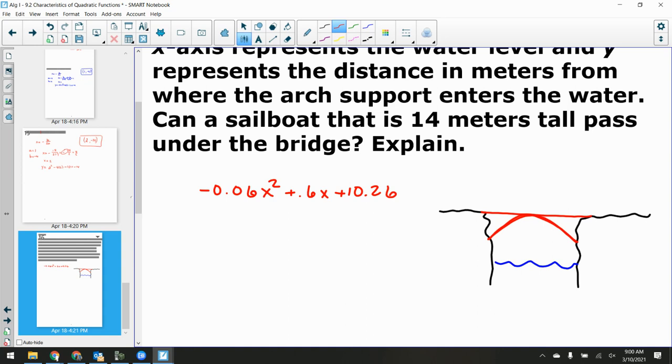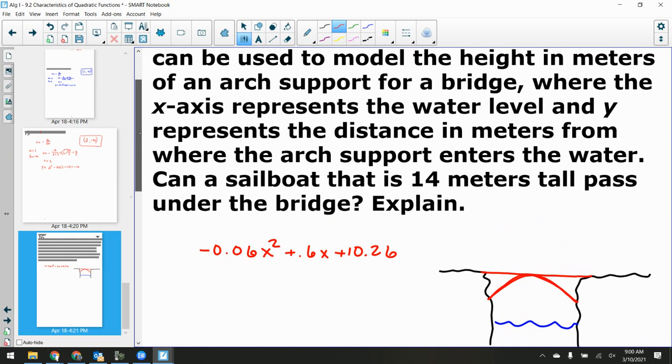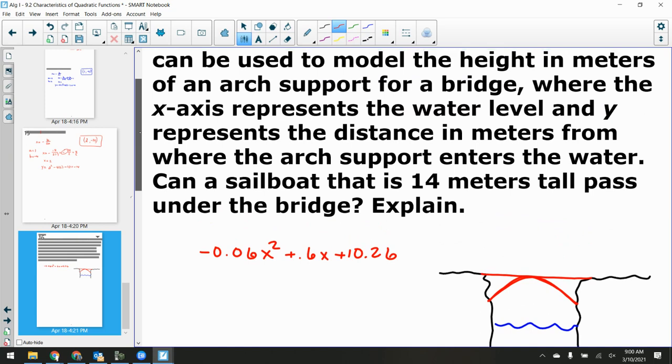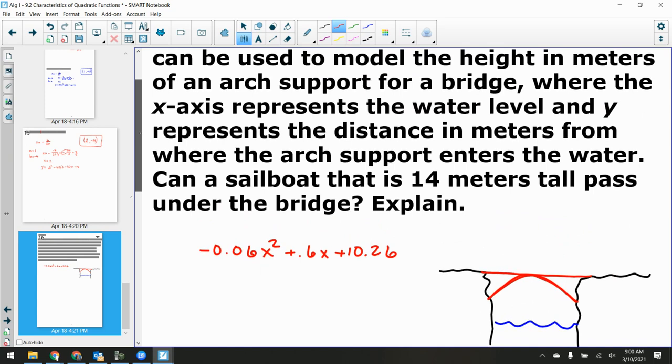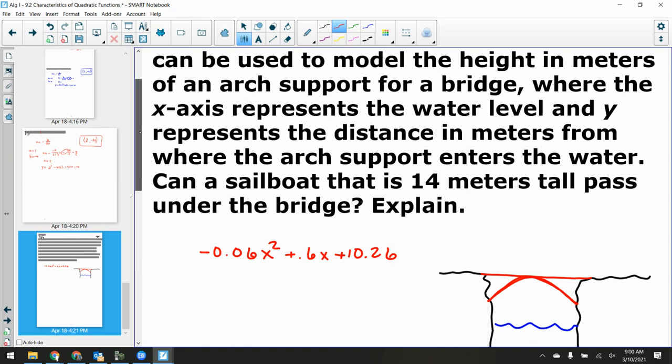So do we see it there? Yeah, okay. So what this is saying is now we got this bridge. The arch support is this equation, okay? How did we come up with that? We don't know. That's more advanced things that you could get into later. My calculus students do things like that. They figure out what that actual equation is based on other information.